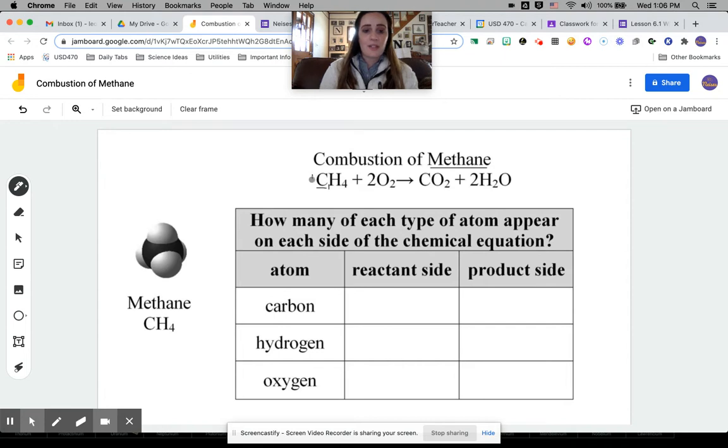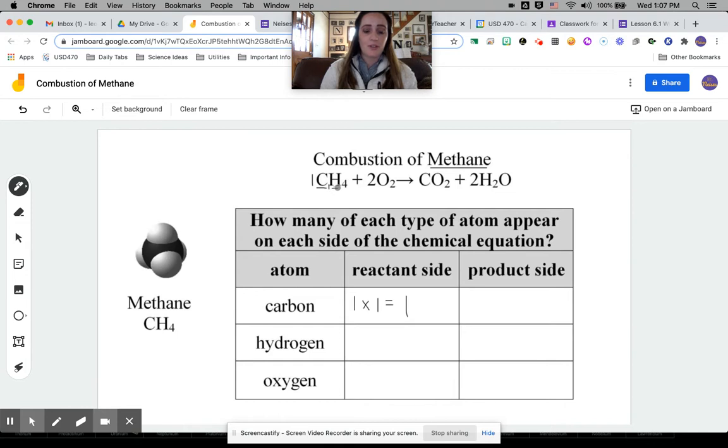And it also does not have a coefficient, so it's, again, an implied 1. We're always going to take our coefficient times our subscript. In this case, it's both an implied 1, so we'd have 1, which is our coefficient, times our subscript, which is also an implied 1, and we would get a total of 1 carbon on the reactant side. Then for hydrogen, we're going to look through for our H's.